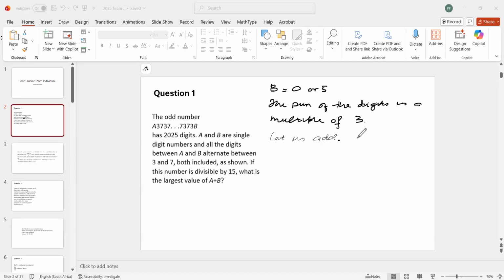So you've got the A, I don't know what it is. B, I don't know what it is. But I can see I got 3, 7, 3, 7, 3, 7, and there's a 3 at the end. Let's add all the 37s. How many 37s are there?